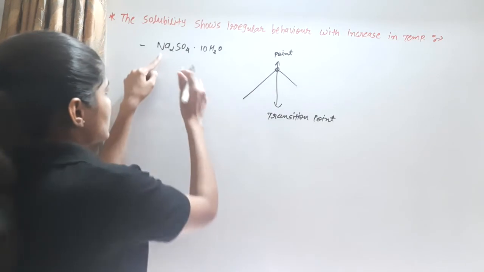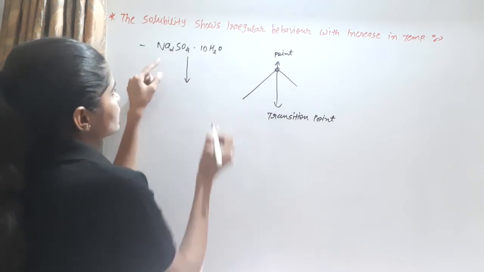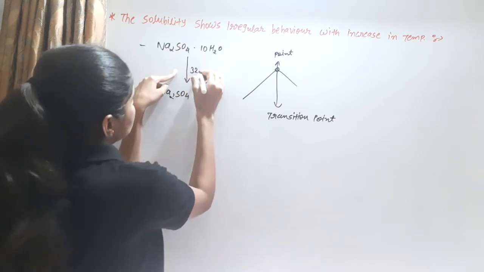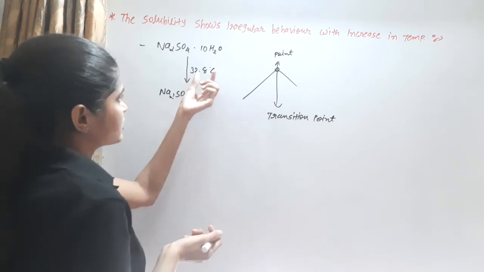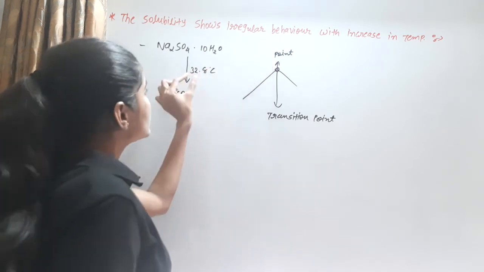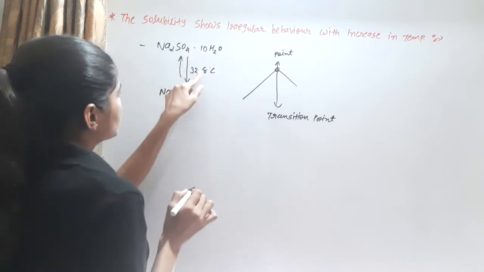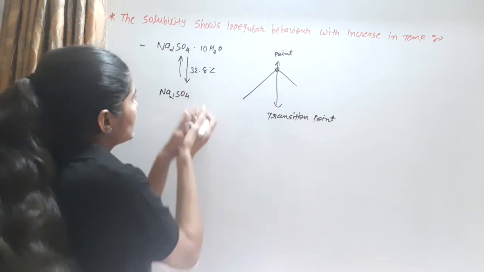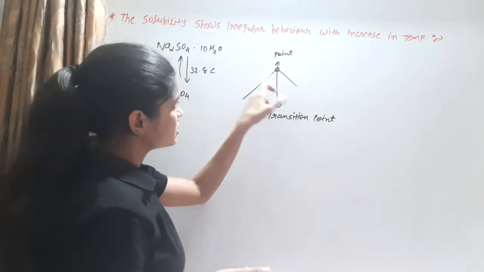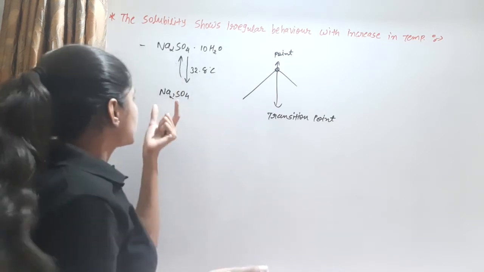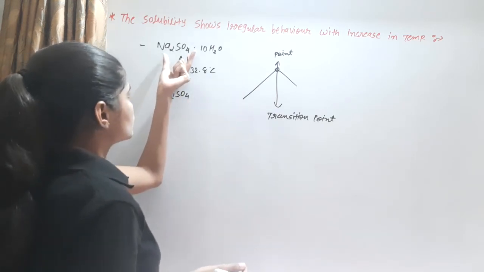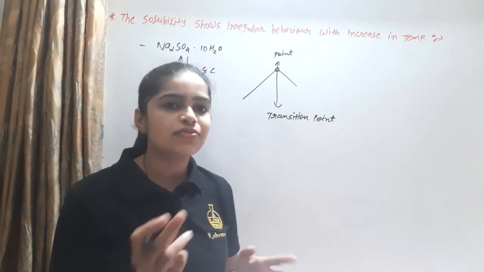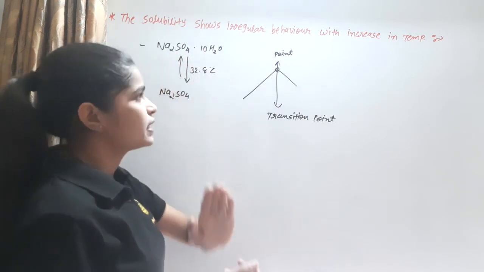For example, Na2SO4·10H2O is converted into Na2SO4. At 32.8 degrees, this is the transition temperature, because at 32.8 degrees Na2SO4·10H2O converts into Na2SO4, and above this temperature Na2SO4 is the stable form. That way, the transition temperature is the equilibrium between Na2SO4 and Na2SO4·10H2O.